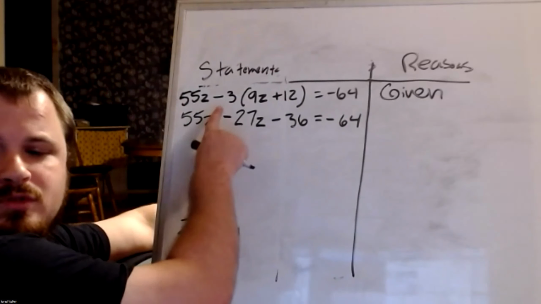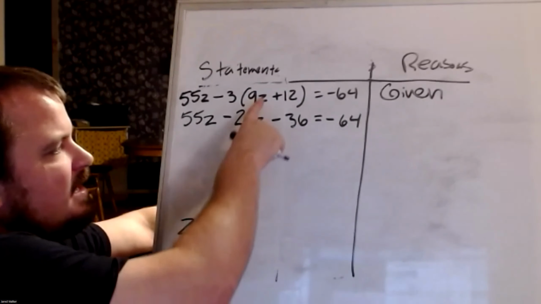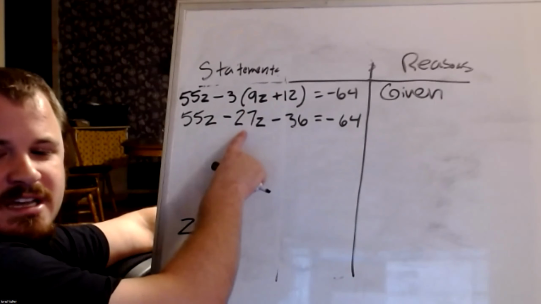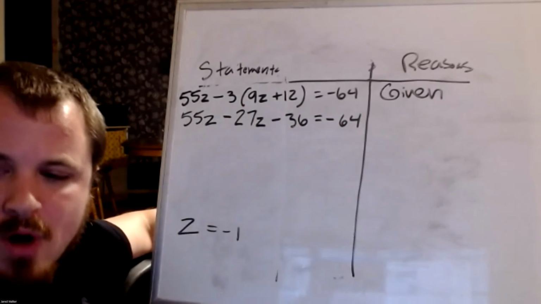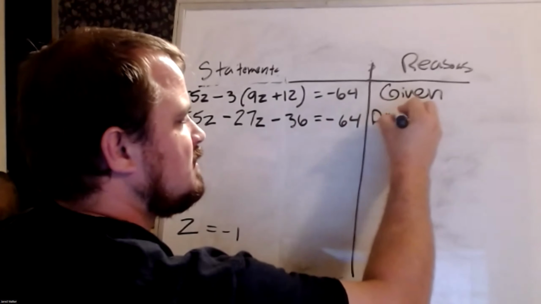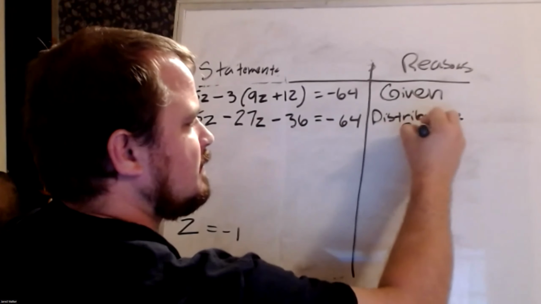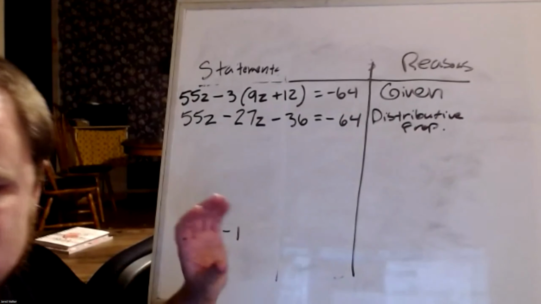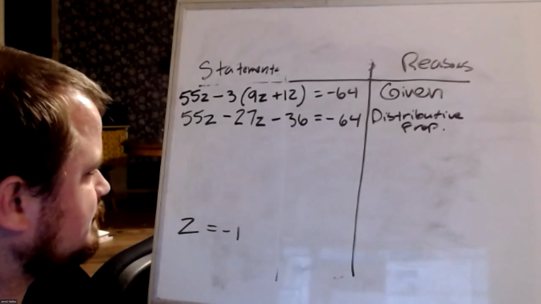I took the negative 3 and I distributed it to the 9z and to the 12. And negative 3 times 9 got me negative 27. Negative 3 times 12 got me negative 36. So what property did I use? It's okay if you shorthanded a little bit. I'll just write PROP for property. I used the distributive property. So that's what our first step would be.